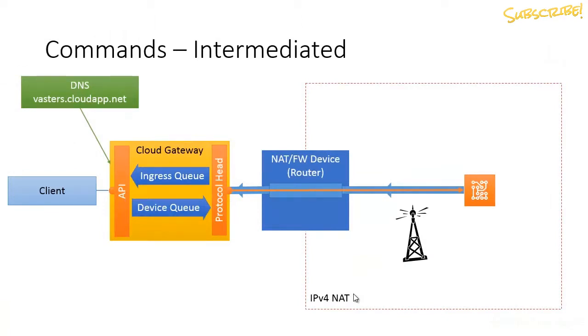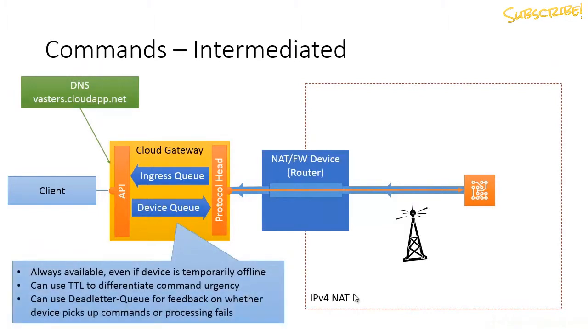So every device has its own queue out, and then there's a shared ingress queue, at least right now, on a per-node basis, where we can collect the responses that the devices are sending us.